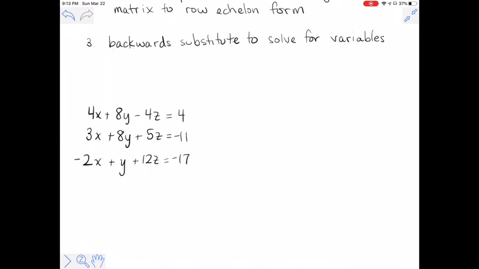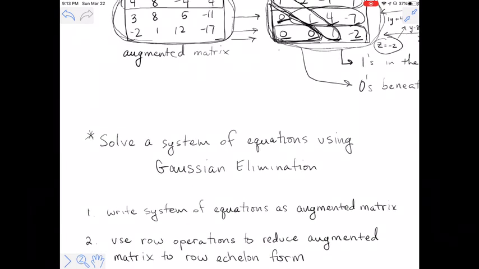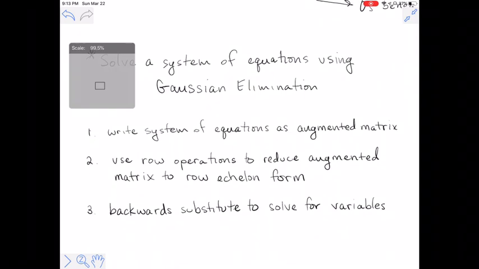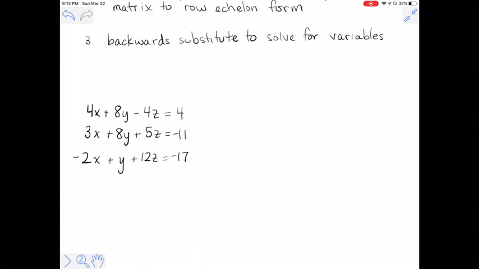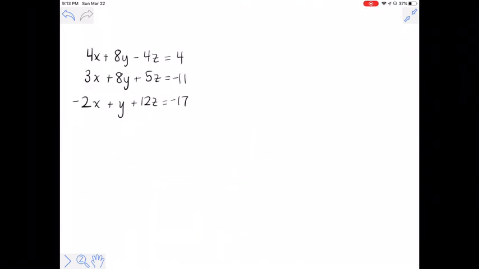So I've got that exact same system of equations as in the above example. We started with the augmented matrix, but we're going to go from start to finish. So the first step is to write the system of equations as an augmented matrix.